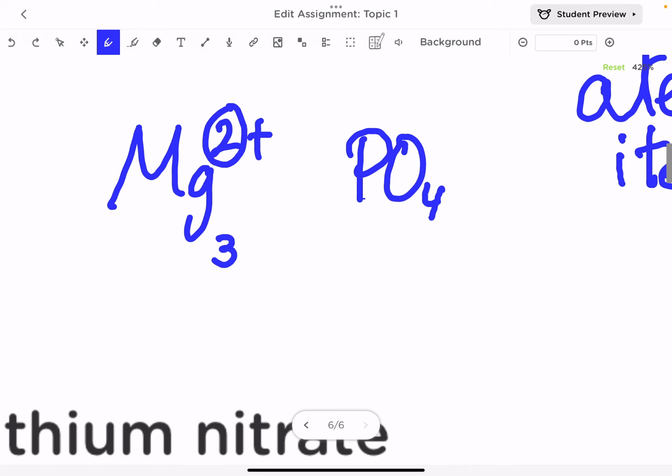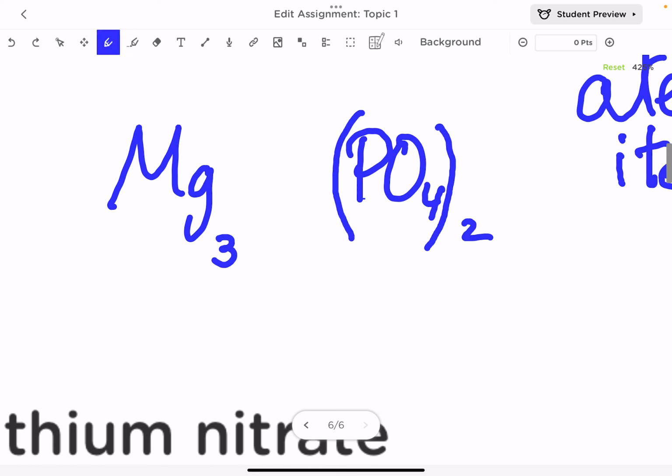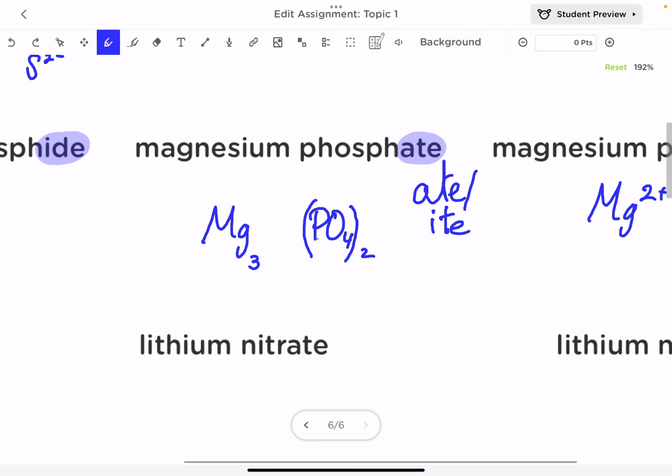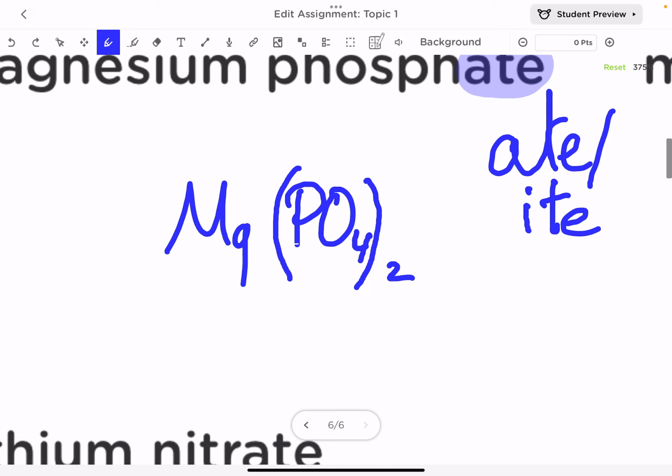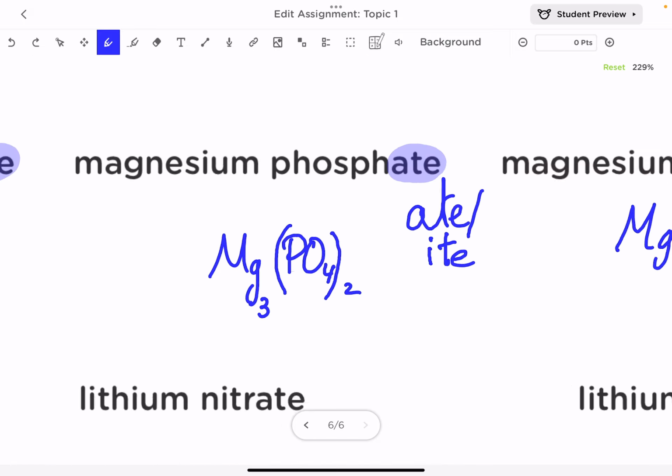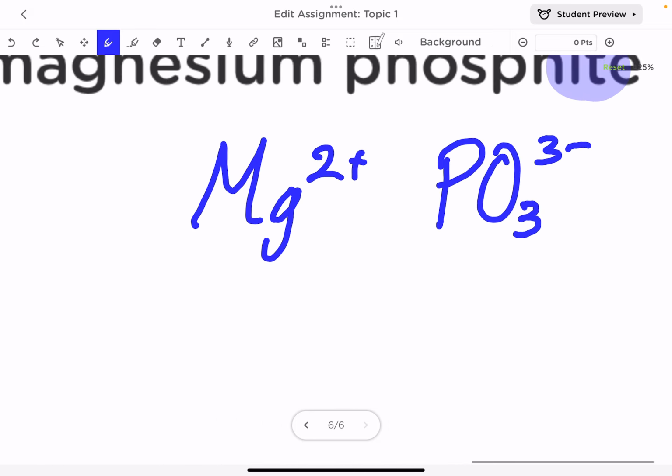Again, this 2, you will write it as a subscript next to the PO4. And you remember to erase the 2 and the plus. Now, in order not to read it as a 42, we always place the PO4 in parentheses. So my final answer is Mg3(PO4)2.